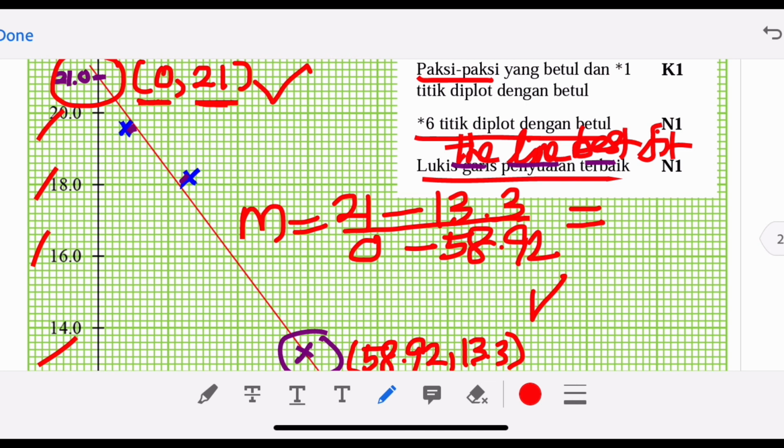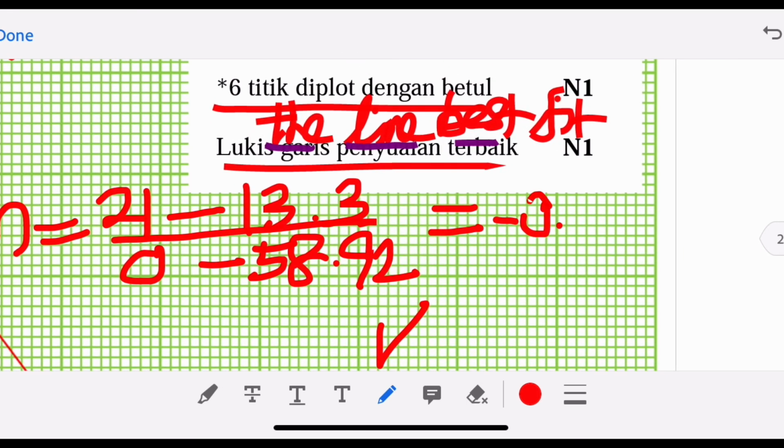So 21 minus 13.3 over negative 58.92. So we get the answer, negative 0.1307, right? 0.1307.